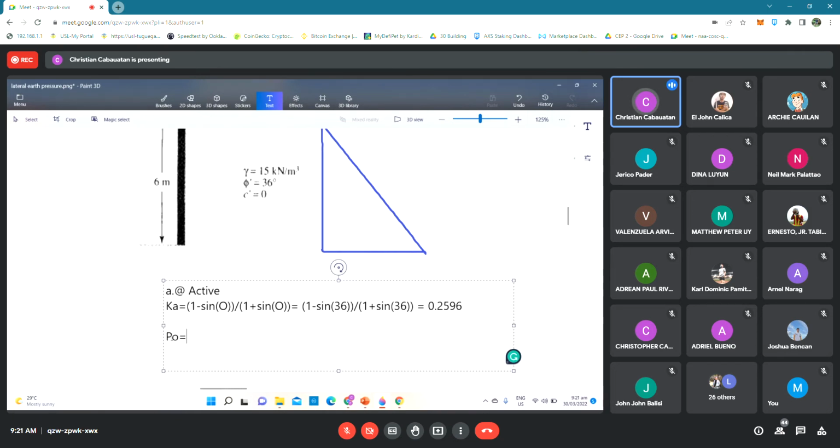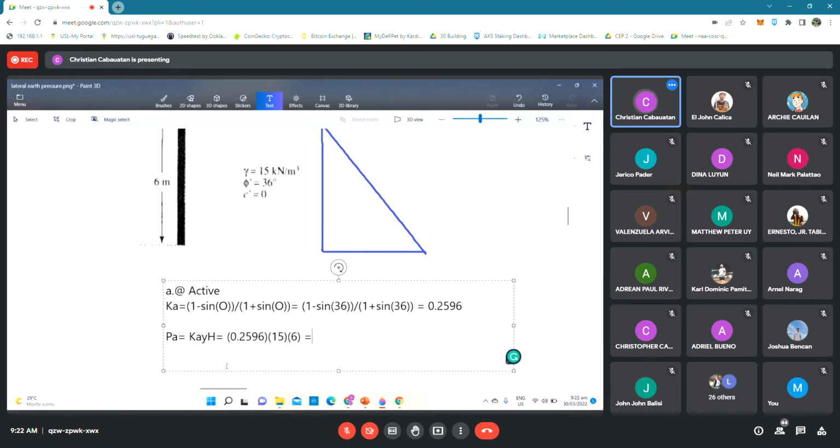So it is Ka times your gamma times your height. Therefore, it is equal to your Ka 0.2596 times your gamma, which is 15, and your height, which is 6 meters.